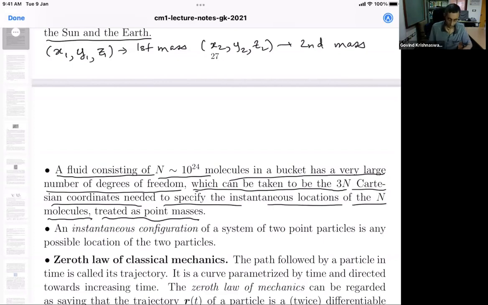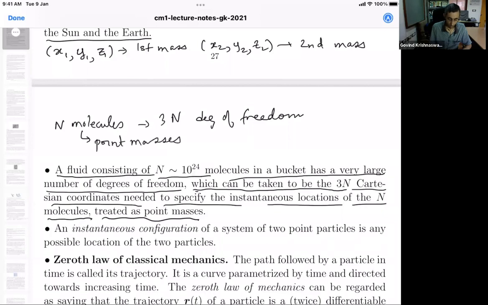So if you have n molecules, we have 3n degrees of freedom, treating these molecules as point masses. That's another example at another extreme.